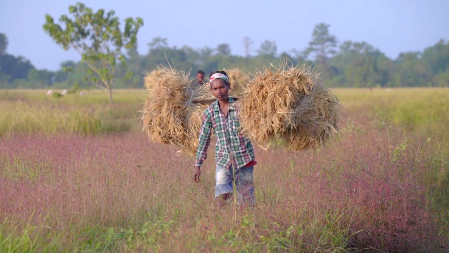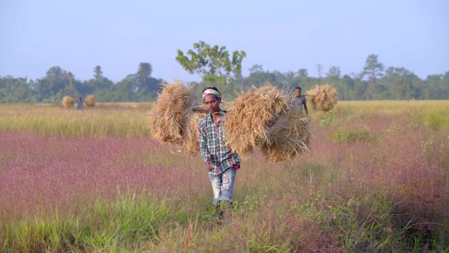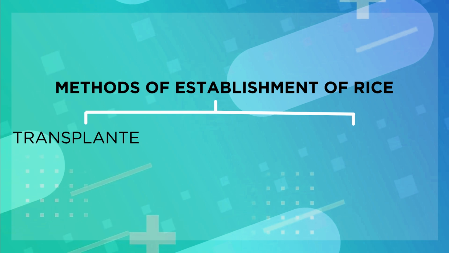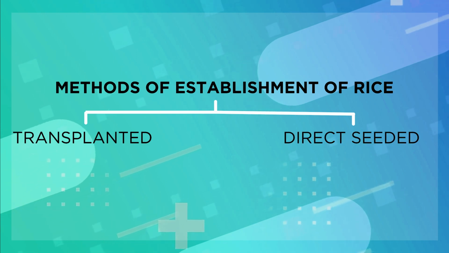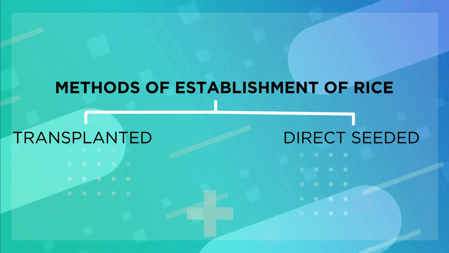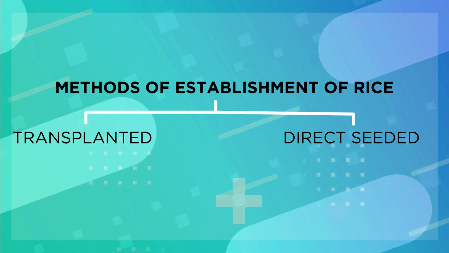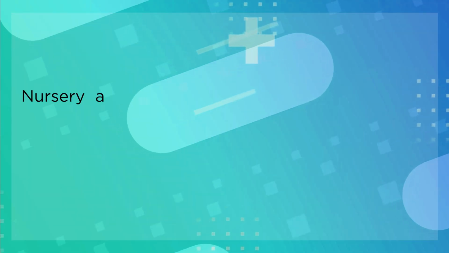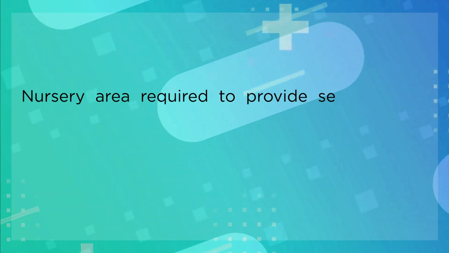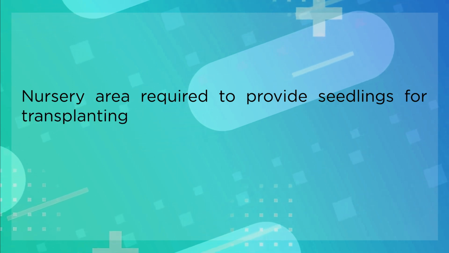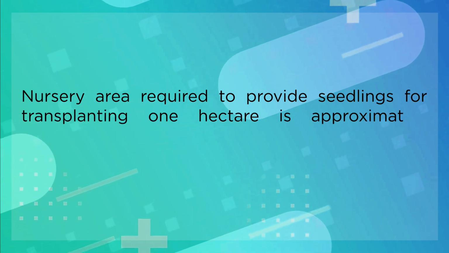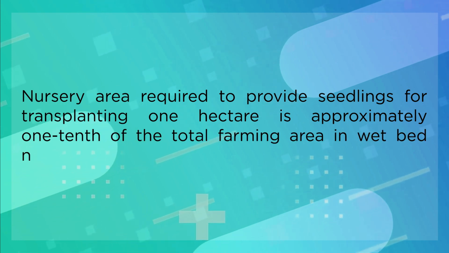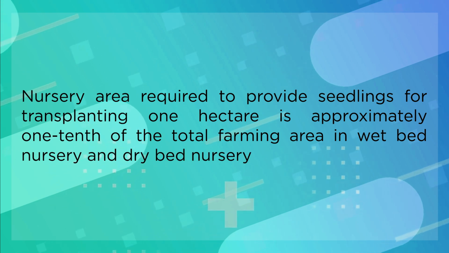Rice is cultivated mainly by adopting two different methods of establishment. Number 1, transplanting method. Number 2, direct seeded method. The transplanting method of rice cultivation requires seedlings to be raised initially in a nursery bed. Generally, the nursery area required to provide seedlings for transplanting in 1 hectare is approximately 1/10 of the total farming area in wet bed nursery and dry bed nursery.